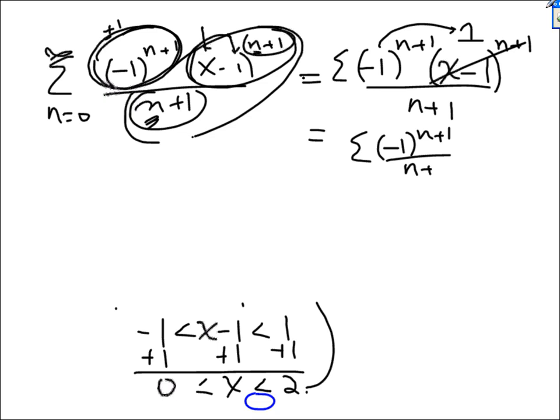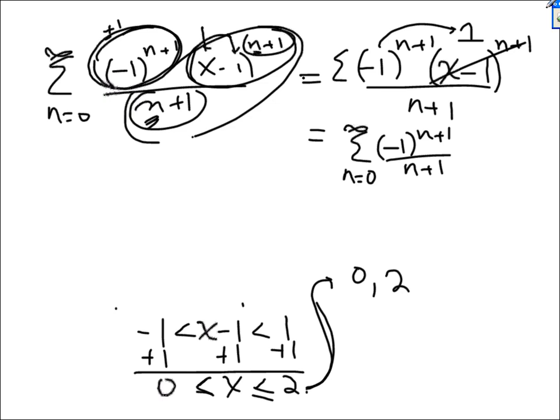This here is the alternating harmonic series. It alternates. That converges. The alternating harmonic series converges. The harmonic series diverges. So there's the answer.